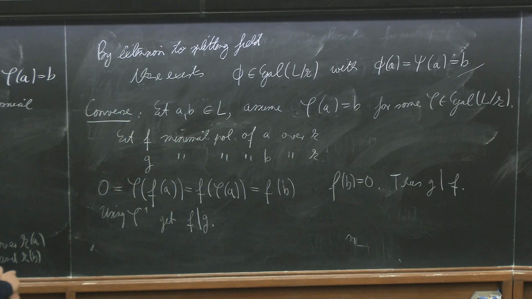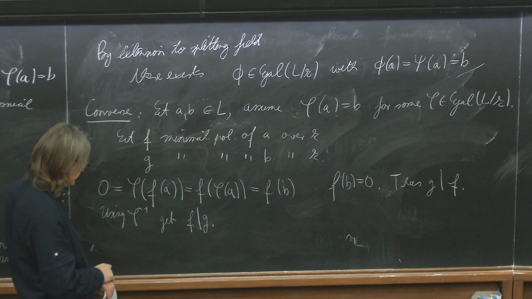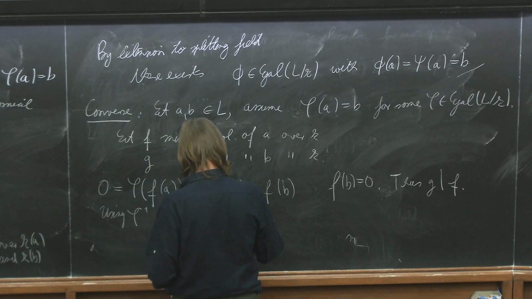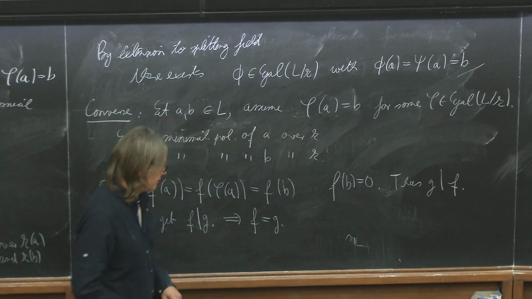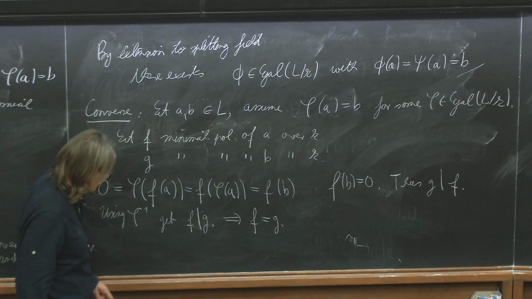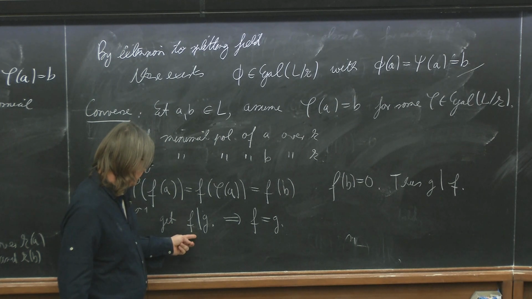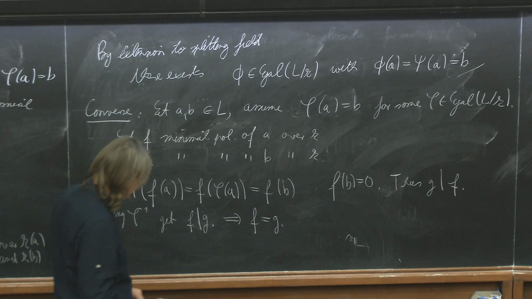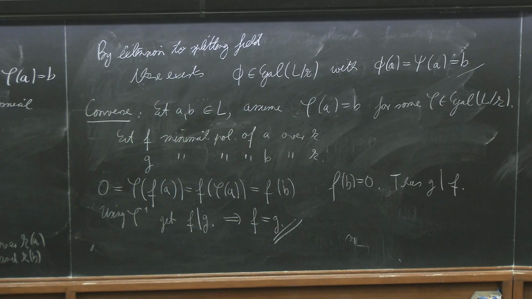As f and g are both monic polynomials, if one divides the other and backwards, they must be equal. So it follows f is equal to g. If g divides f and f divides g, they must be equal up to multiplying by a unit, but they are minimal polynomials, so the leading coefficient is 1, so they are equal. Okay, and so this proves it.